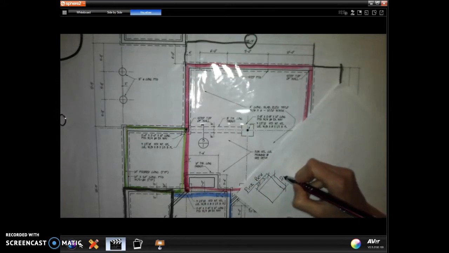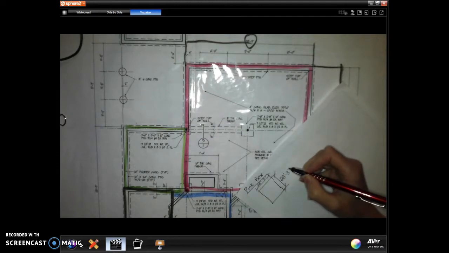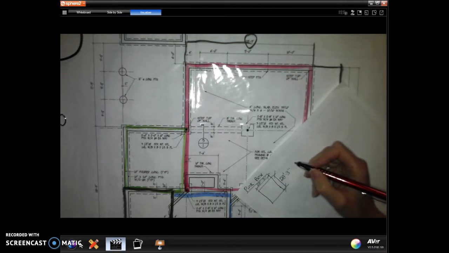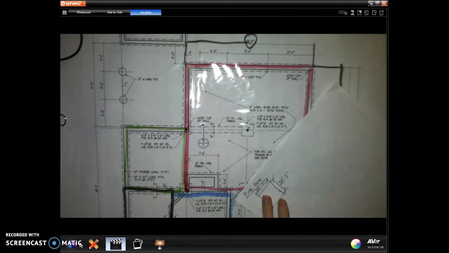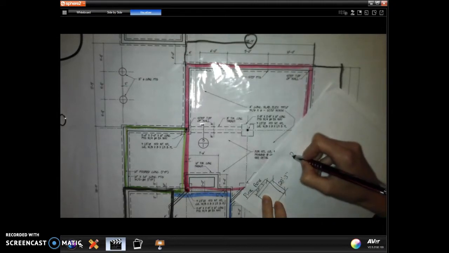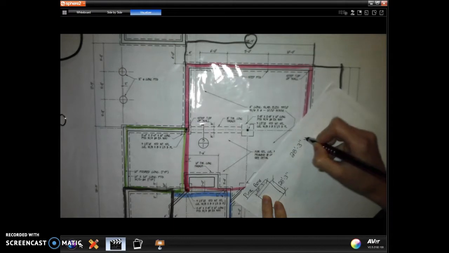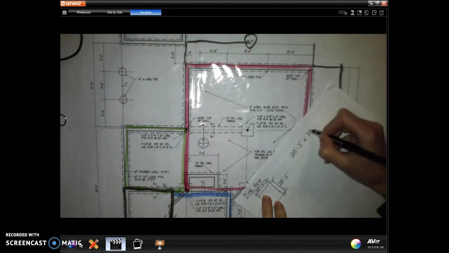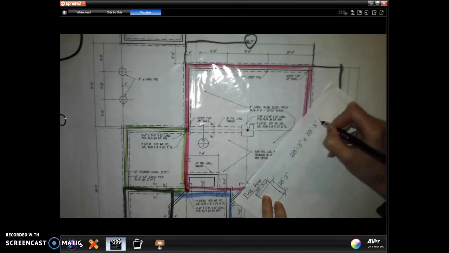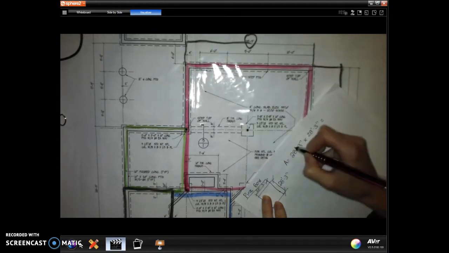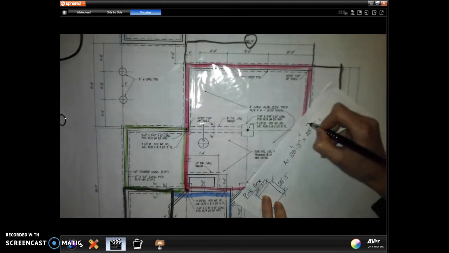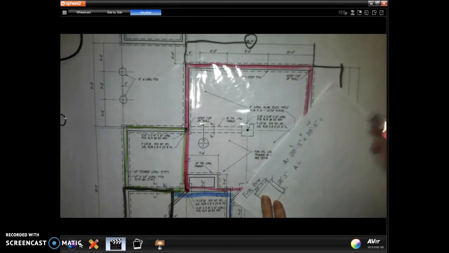So this is also 28 feet 3 inches. And we're looking for the area. So the area is going to be length times width. So we're going to do 28 feet 3 inches times 28 feet 3 inches, and that will give us length times width. That'll give us the area.